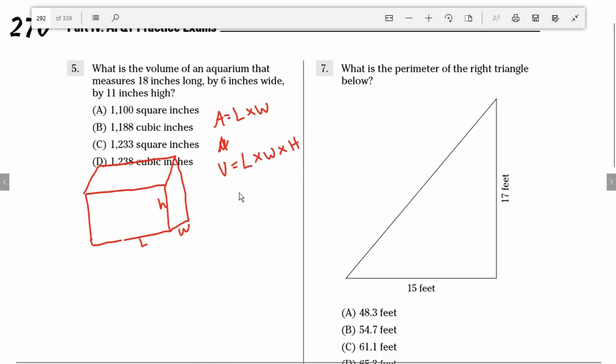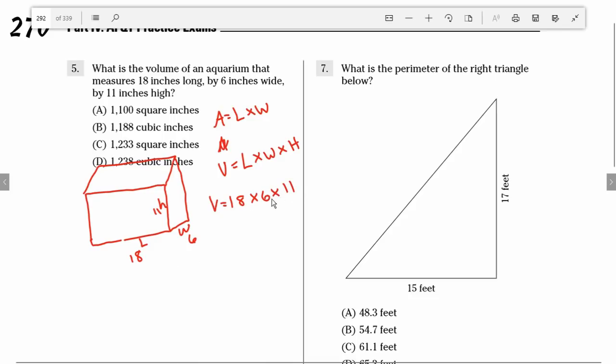Okay? In this case, we know the length is 18, we know the width is 6, and the height is 11. So we just plug this into our volume formula and move on. So volume equals length 18 times width 6 times height 11.